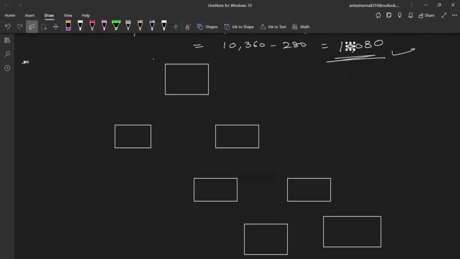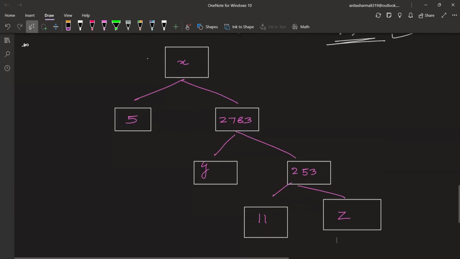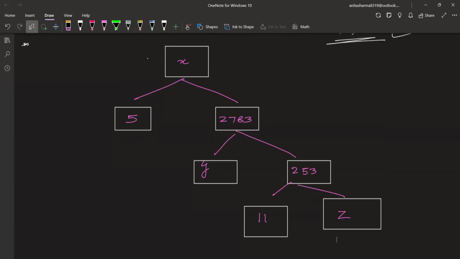They have given this number x. It has two factors, 5 and 2783. And again, this number has two factors, y and 253. And this 253 again has two factors, 11 and z. So this type of question they have asked.